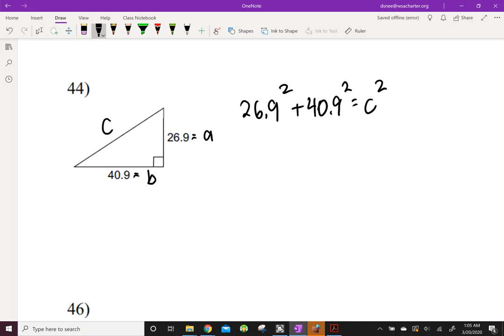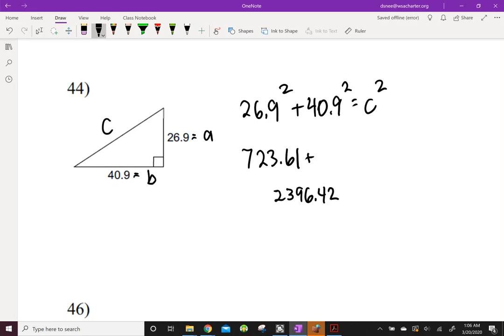So 26.9 squared is 723.61, and then I'm just going to press plus 40.9 up to, and that's 2,396.42.